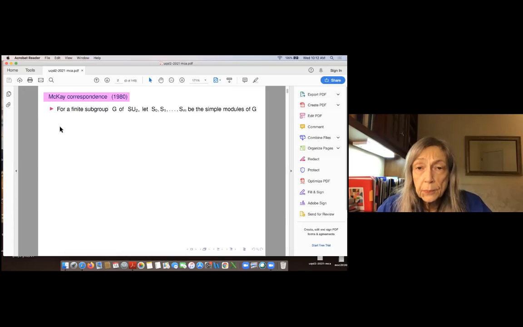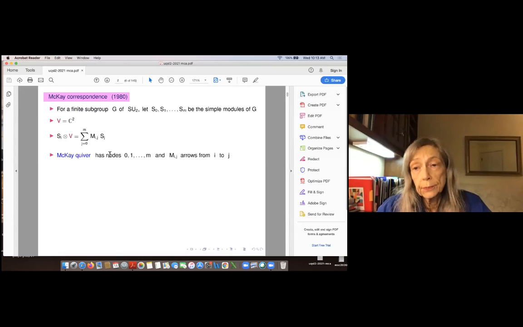And he took the simple modules of G. And he took the natural representation. So you have 2 by 2 matrices multiplying C2. And he took the tensor product with V. And he looked at these multiplicities and formed from them a quiver.